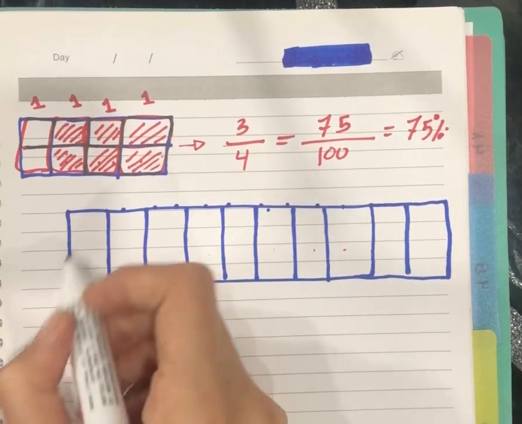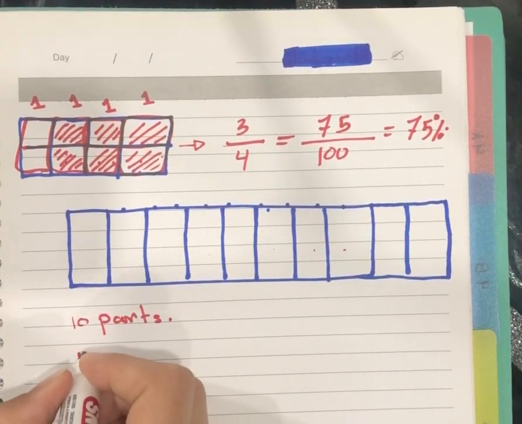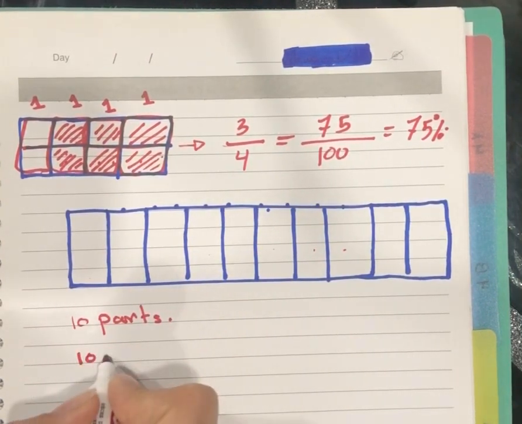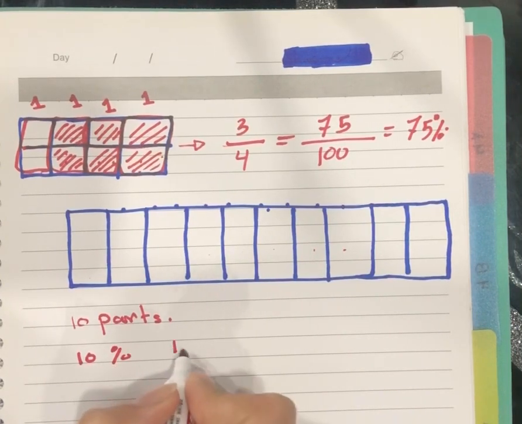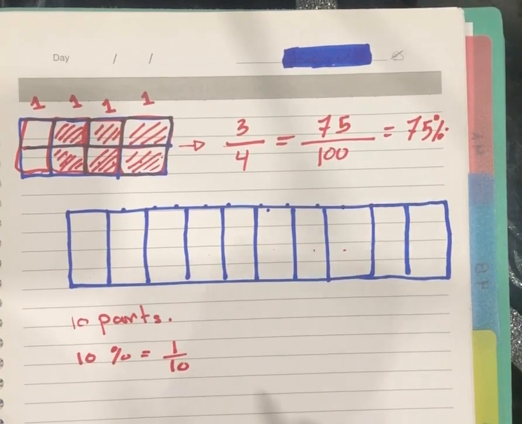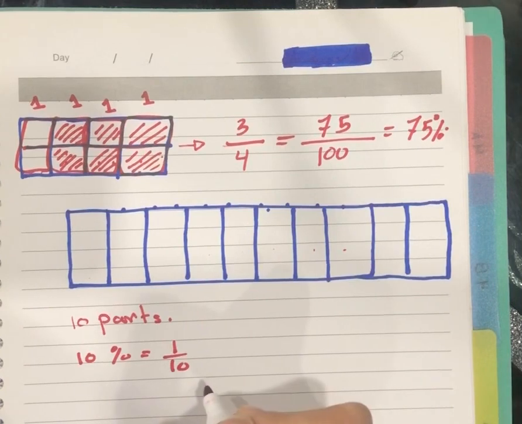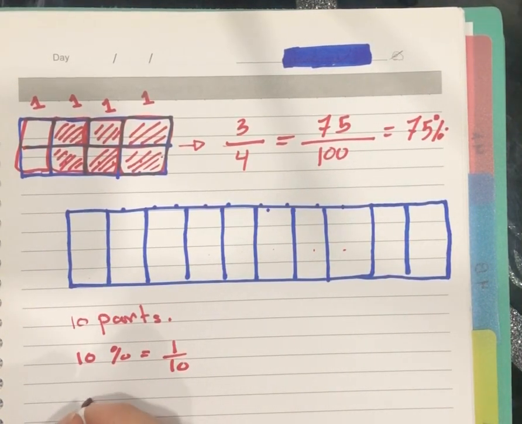So if I shade one part, that will be 10%, because it'll be 1 out of 10, which is equal to 10%. But the question doesn't want me to shade only 10%. I need to shade 30%. So I need to shade 3 squares out of the whole 10. Will this be equal to 30%?